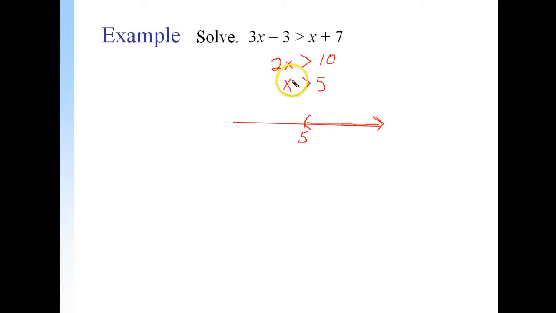And let's write this in set builder notation. Remember, you just make a line. Put another X there, braces. And interval notation will be 5 and infinity. So this is sort of an easy one.